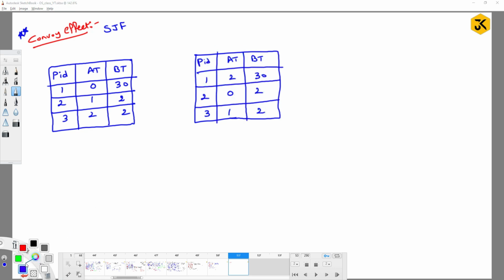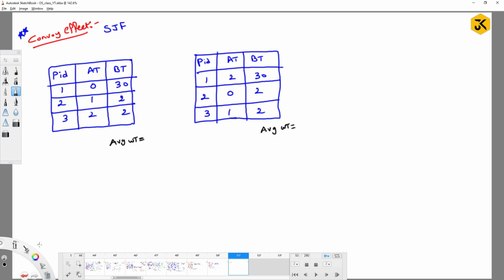Let's take these two examples and we'll try to solve the average waiting time, so that we will get a clear idea what is going to be happening. Then we can define the technical definition of the convoy effect.